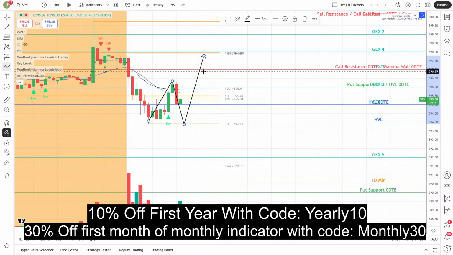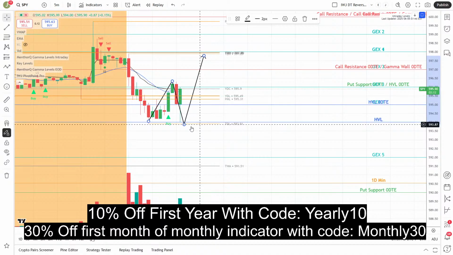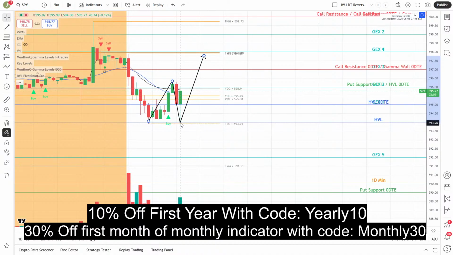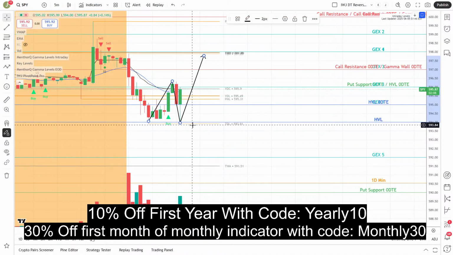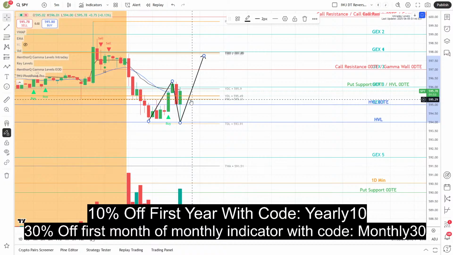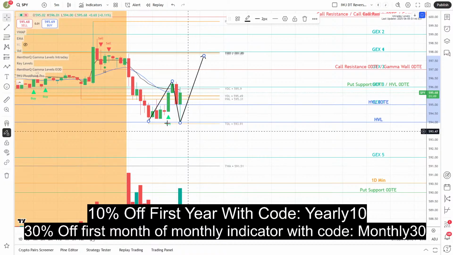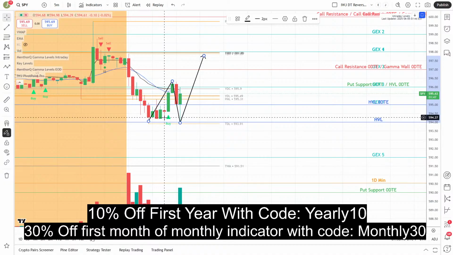Was that a good trade? The answer to that is no. And the reason is because more likely the scenario is that they're going to fail and come back down and continue to the downside.